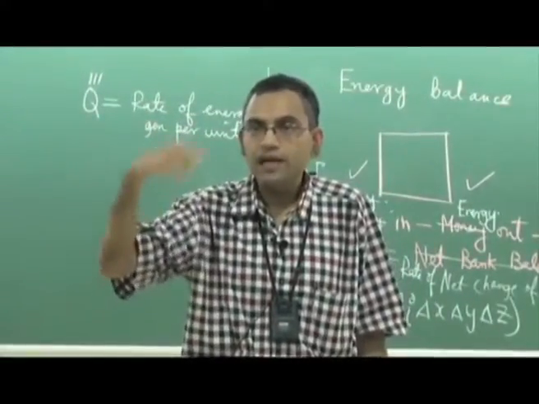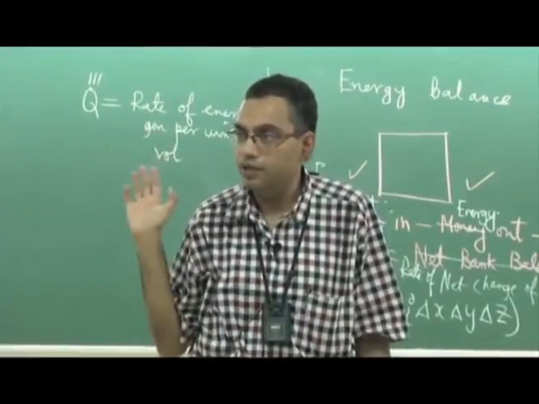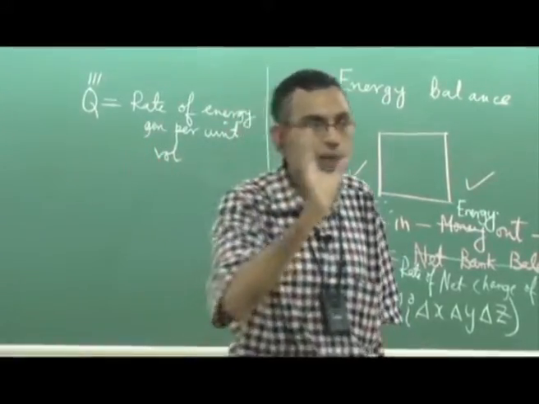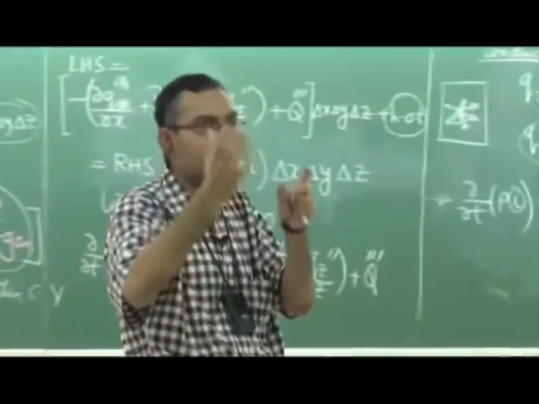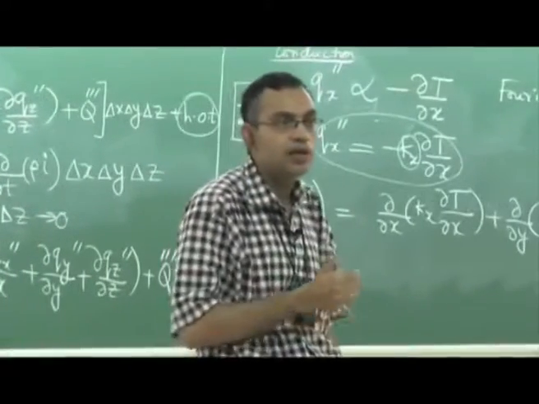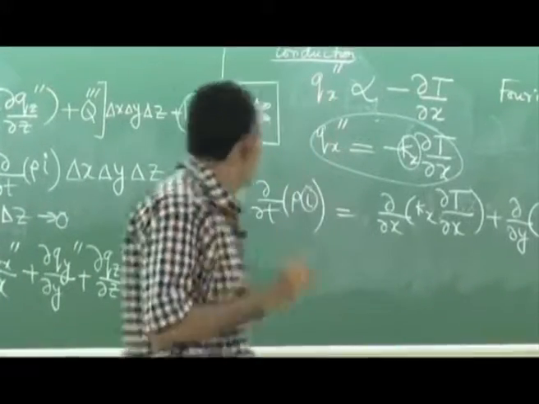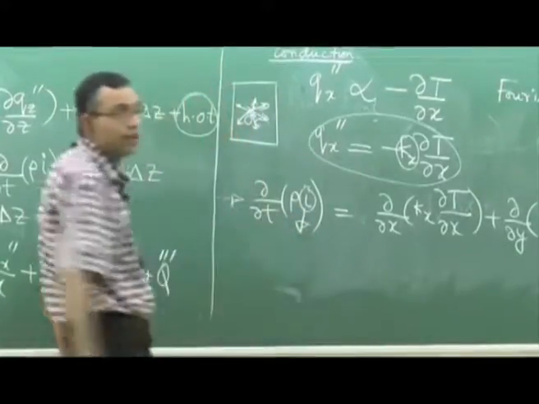There are devices like a thermometer, but there is nothing called an internal energy meter. So experimentally, to relate the measured parameters with what you predict from the theory, you need to have internal energy expressed as a function of measurable parameters.